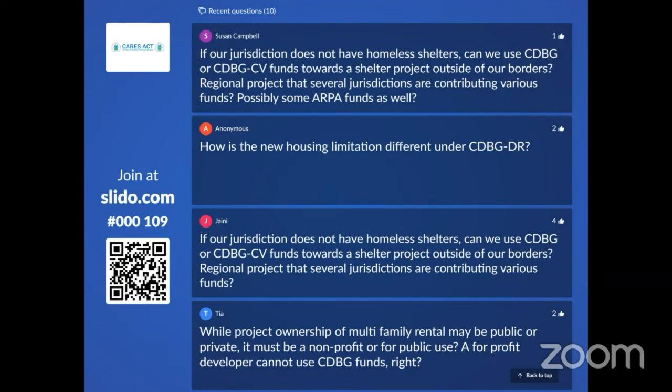So if they're doing 50-50, jurisdiction A would do 50% of the cost and jurisdiction B the other 50. And that means 50% of the beneficiaries would have to be from A and 50% from B. But all together, you have to ensure that 51% are LMI.